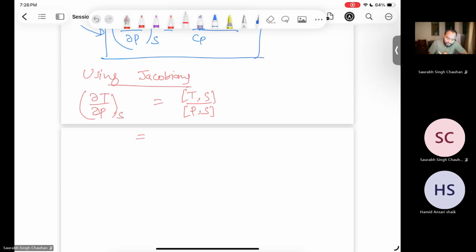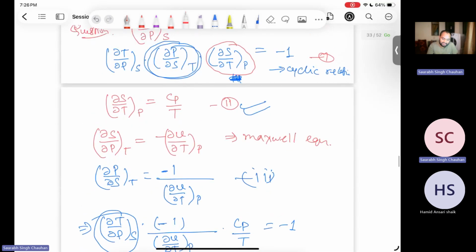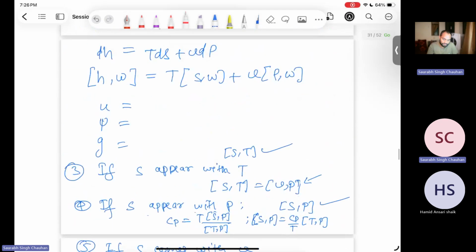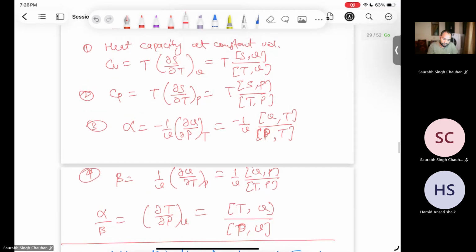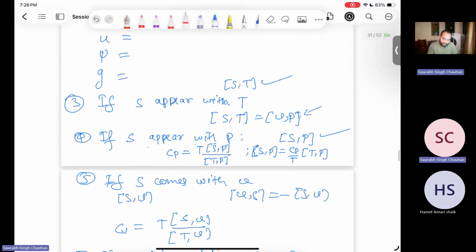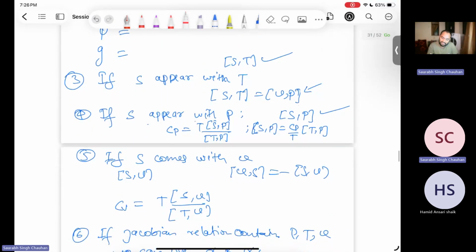So T comma S is P comma V, that is the Maxwell equation, divided by P comma S. And if P and S are coming together, then what do we have to use? Cp. Cp by T, T comma P.